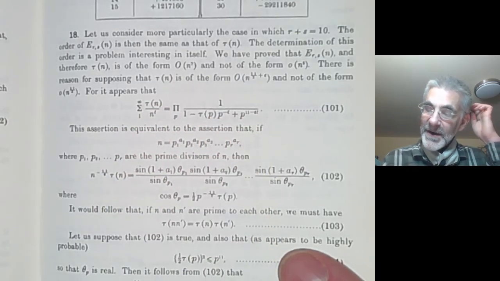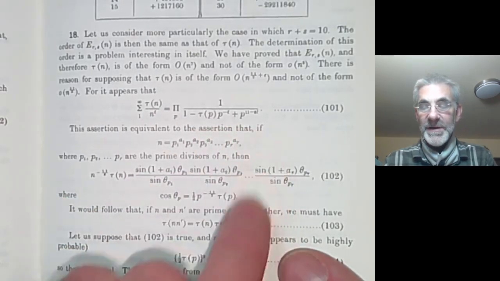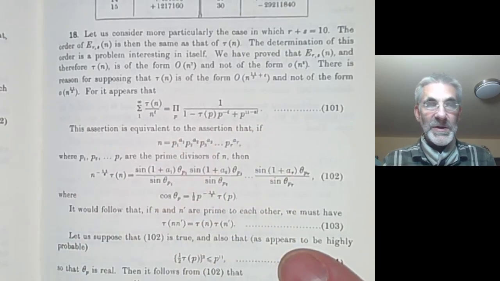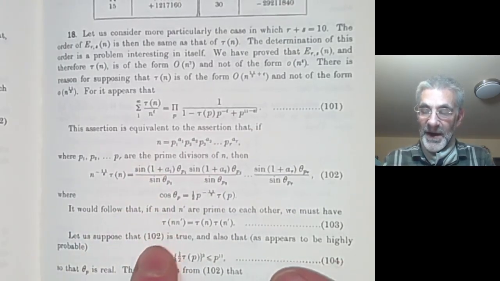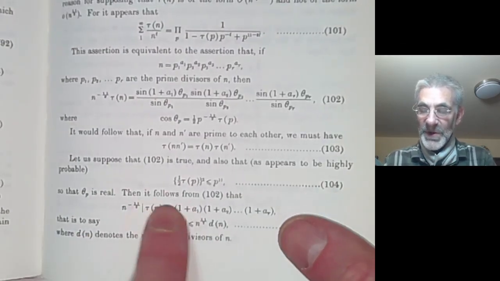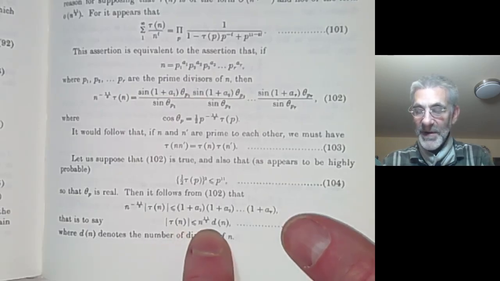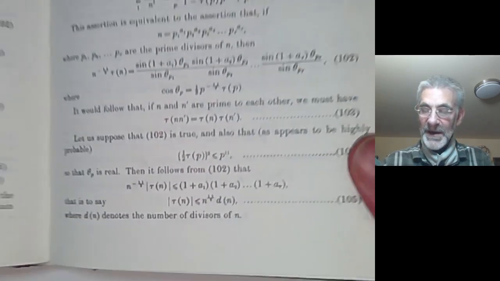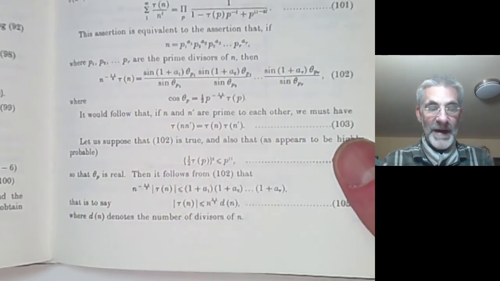So he's basically conjecturing all the relations you get from the Hecke operators. These conjectures were proved by Mordell a year or two later. And here he's conjecturing the Ramanujan conjecture, which is here. And he points out as a consequence of it that tau of n is at most n to the 11 over 2 times the number of divisors of n.